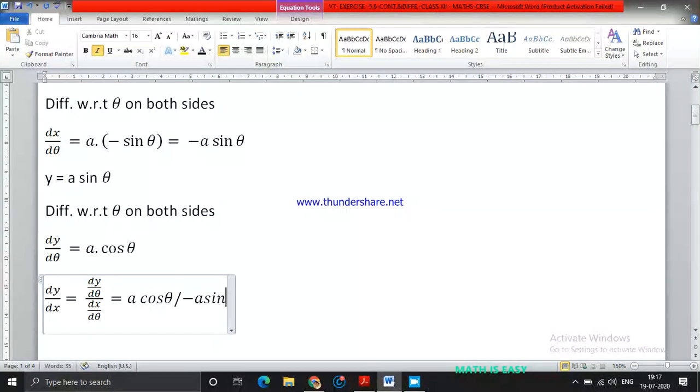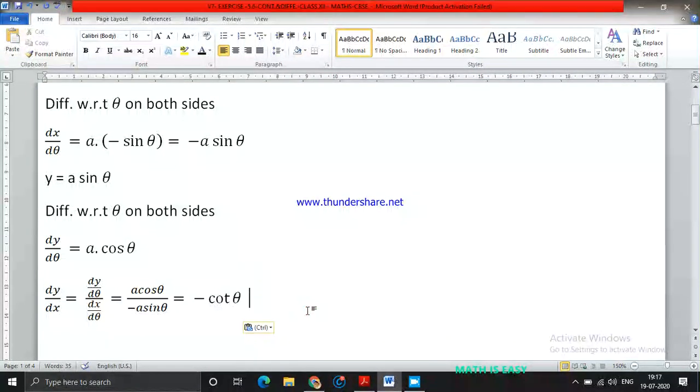The a will get cancelled, and cos theta upon sin theta is cot theta, so you will get minus cot theta. The answer for dy by dx is minus cot theta.